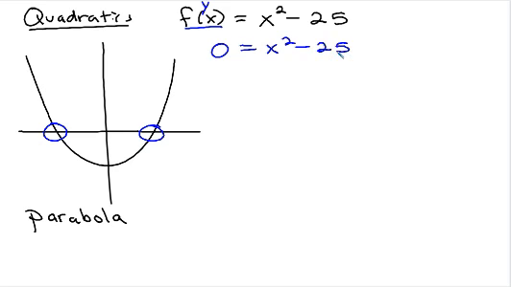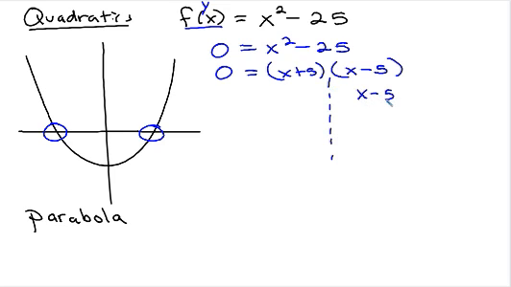From what I just taught you today, this is easy to solve. This thing will factor into x plus 5 times x minus 5. That's what I just taught you a minute ago about the difference of two squares. And there's a rule in math called the zero product property that says now I can set each of these little binomials equal to 0 individually.